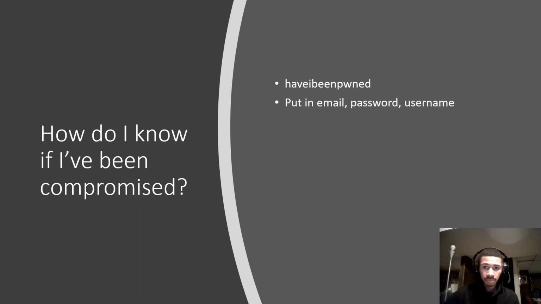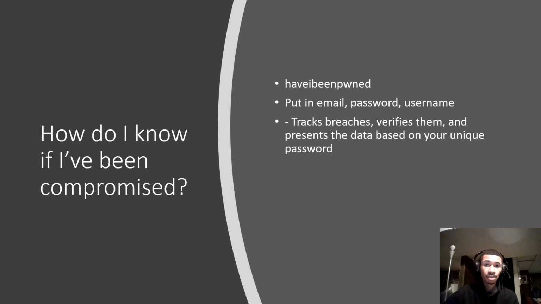So put in your email, password, username, your separate information that you want to include, and it will track breaches, and then it will verify them and present the data based on those breaches to you, only solely based on your password. So you can see all the specific data breaches over time that has included your account information, and you can check that.